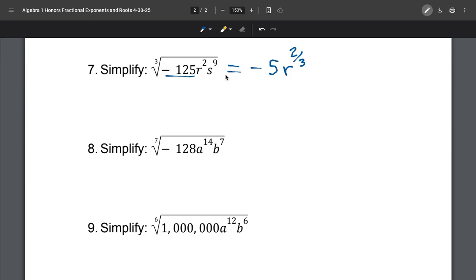And then 9 times 1/3 is 3, so s to the 3rd power. So if I rearrange, it's going to be negative 5 s cubed. And then we're going to do the cube root of r squared. Let me try and actually write that r better. Okay, there we go.